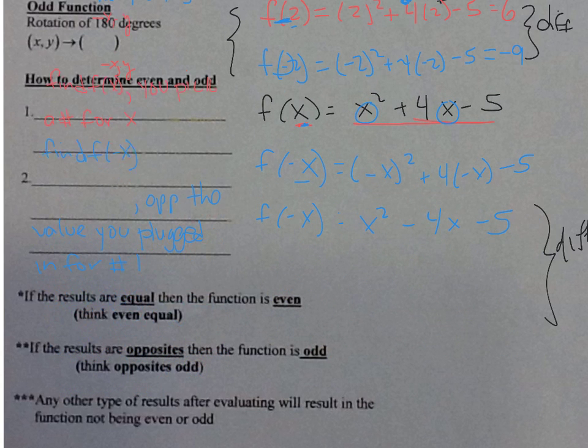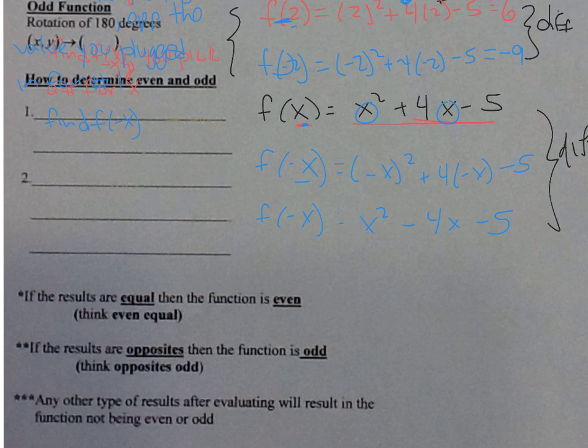So this is neither, neither even or odd, because it is not symmetric to the y-axis, and it is not a rotation of 180 degrees, and that's the word not in there.